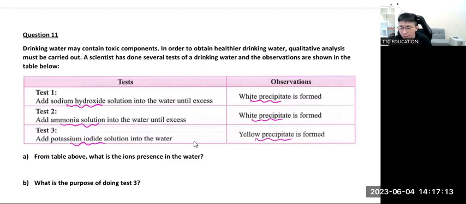Guys, in a very straightforward answer, if you see white, then yellow precipitate, if you think about it, your answer already appeared.